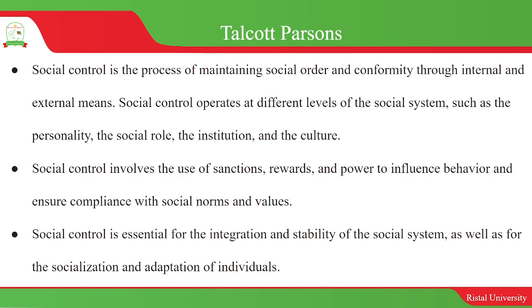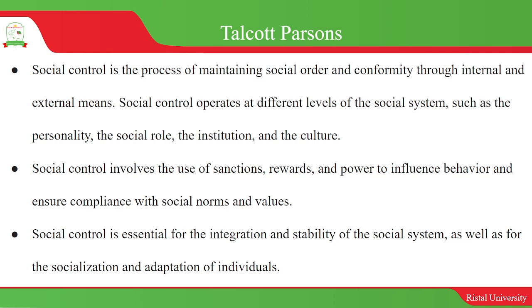Talcott Parsons. For him, he says that social control is the process of maintaining social order and conformity with the internal and external needs. Okay, so the social control operates at different levels. Okay, the personality level, the social role, the institution, and the culture.